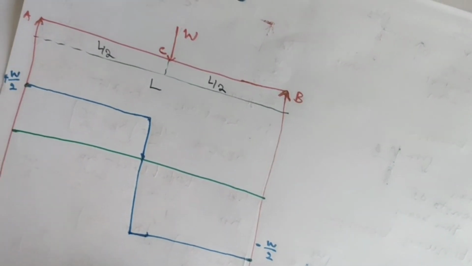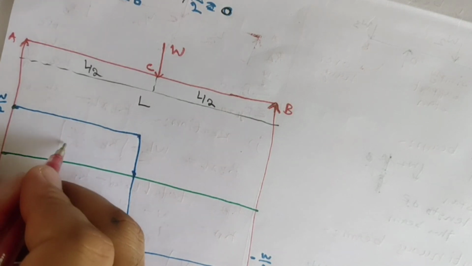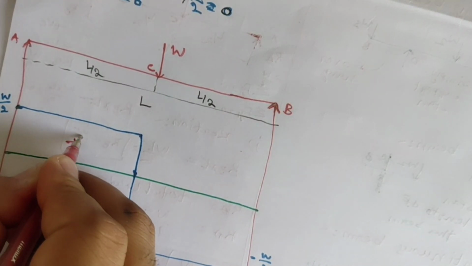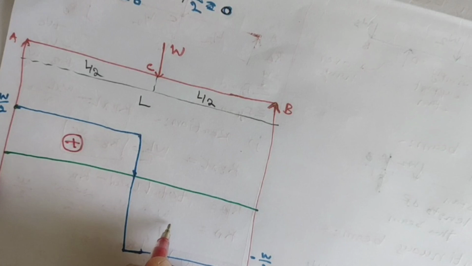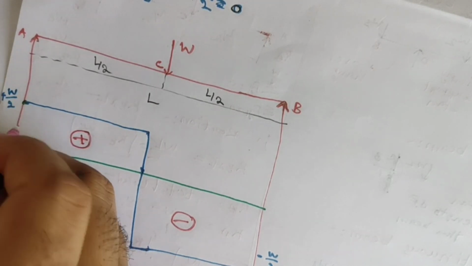This is positive and this is negative. This diagram is called the shear force diagram.